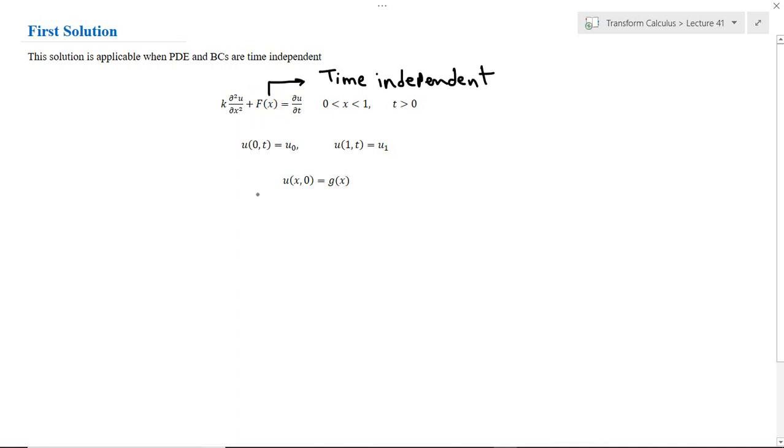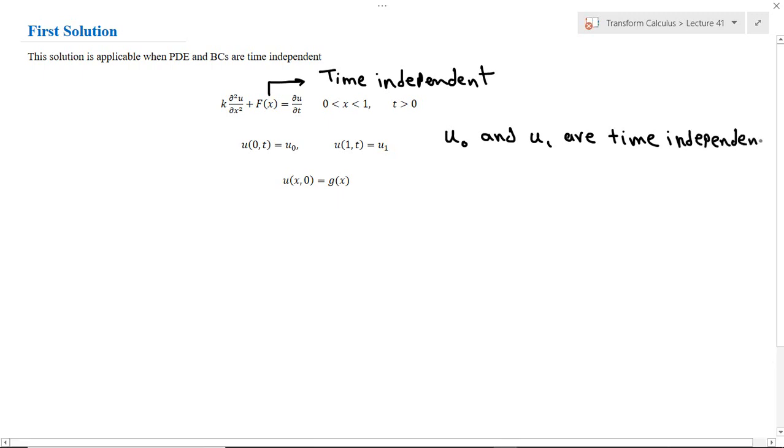Also, in the boundary conditions, u of 0 and t is equal to u0, which is a constant, and u1 is another constant, so u0 and u1 are time independent.